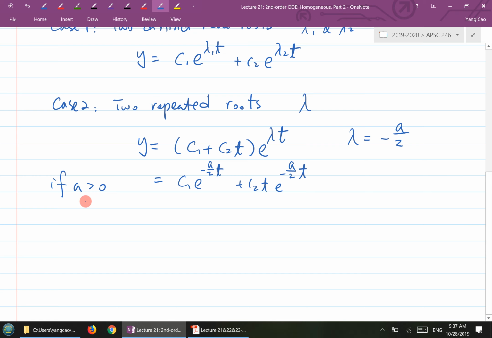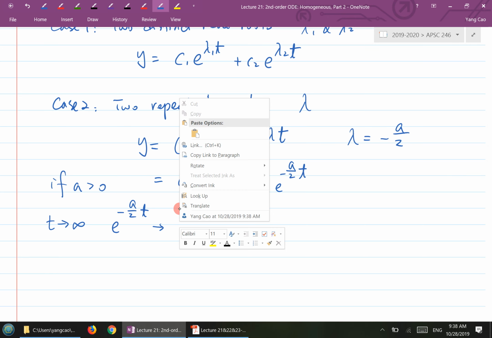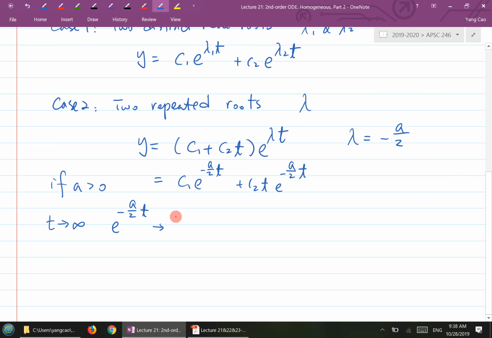So if a is greater than 0, then as t approaches infinity, we are guaranteed that this term will go to what value? It should be 0, right? So this term will go to 0, that's for sure.